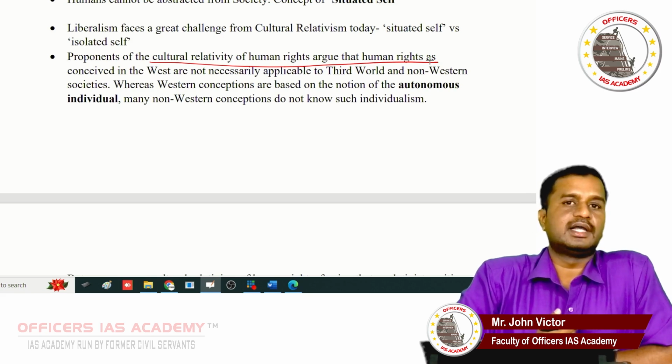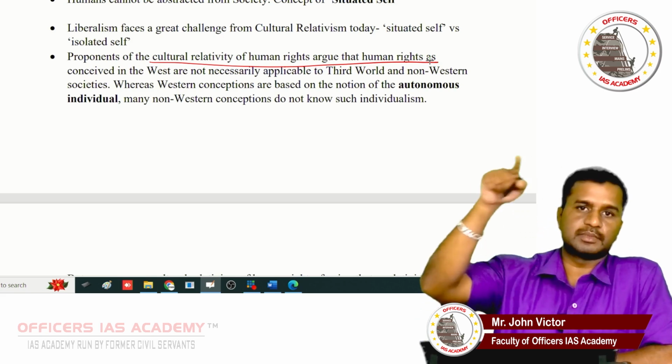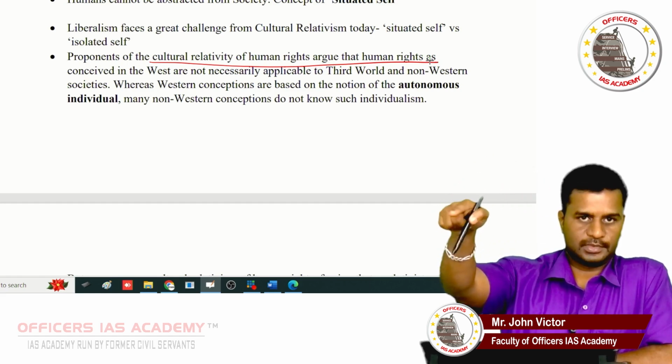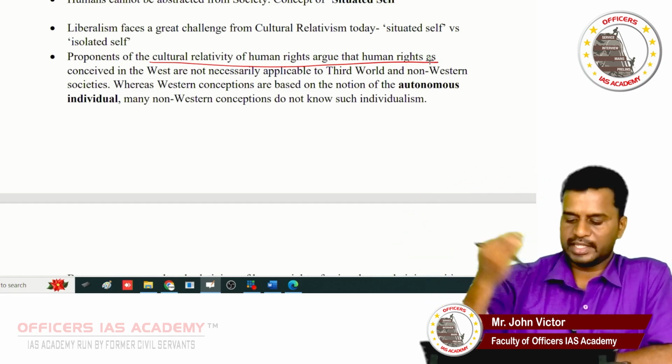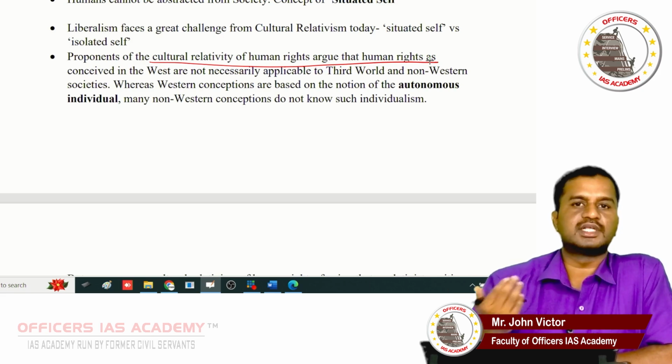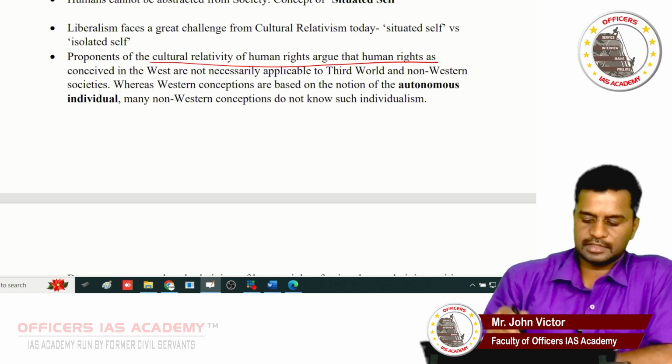For example, Russia and China, they give importance to collectivism. Society is given importance. Individual is a part of the society. So, relative, is it not? So, give examples to explain the two concepts, universalism and cultural relativism.